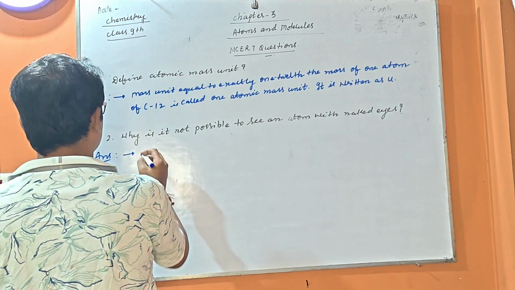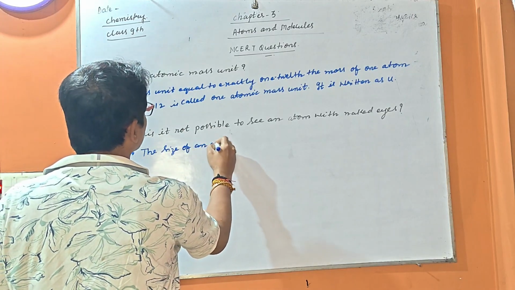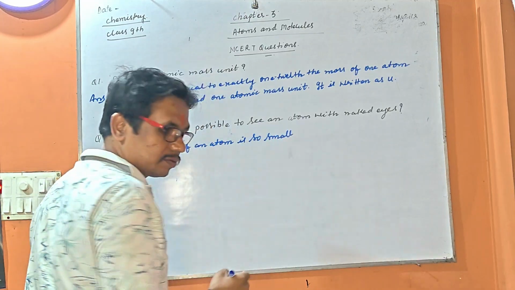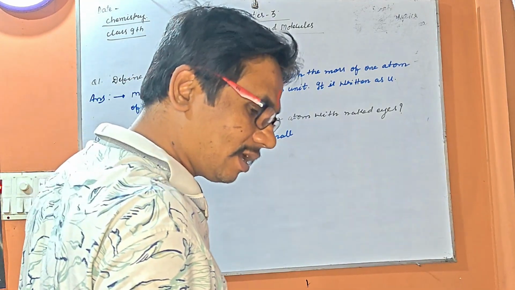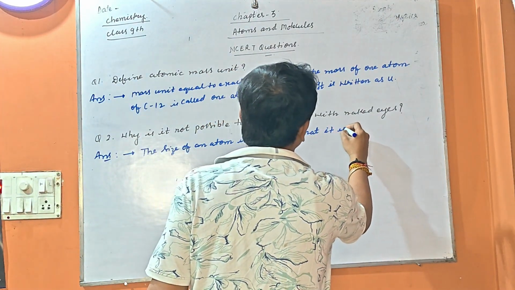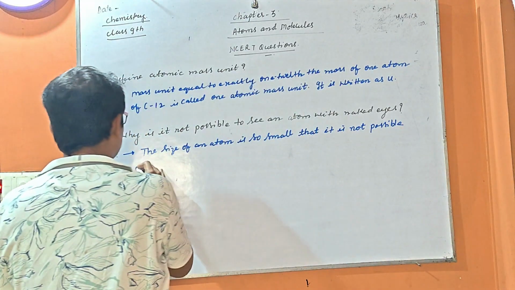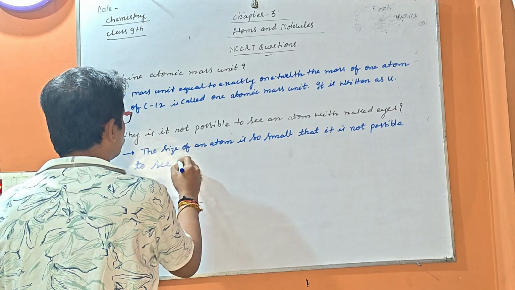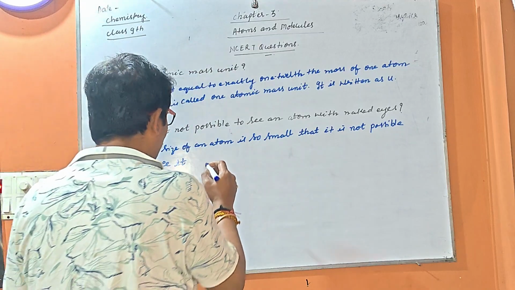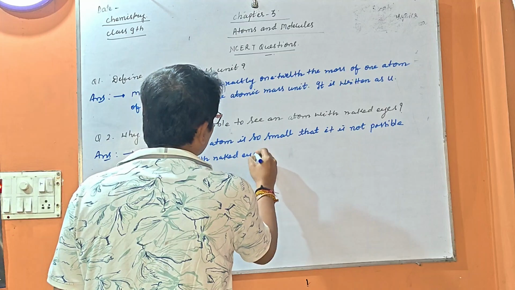The size of an atom is so small that it is not possible to see it with the naked eye.